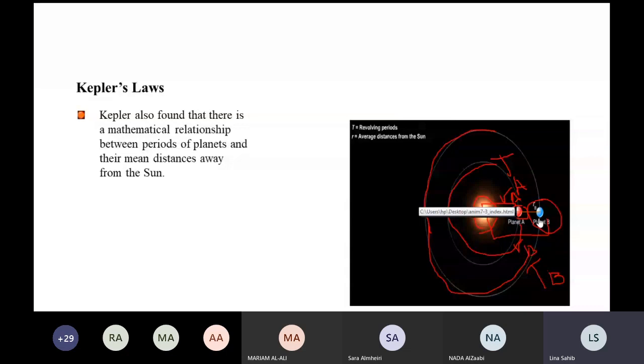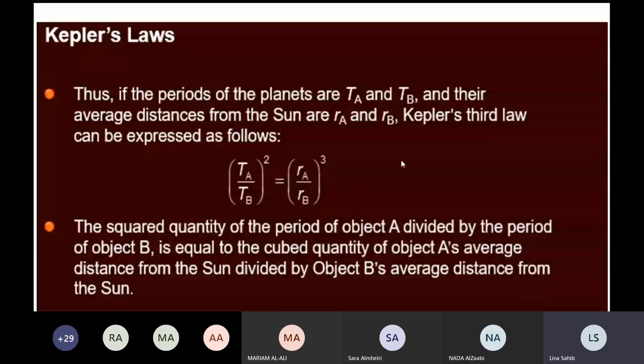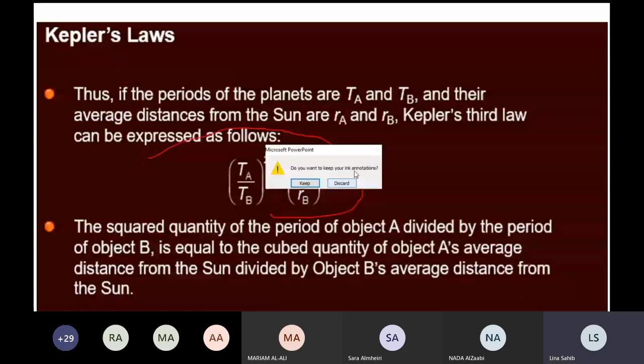Okay, as you see here, I need you to keep this formula in your mind. What is the meaning of A and B? A means the first moon.